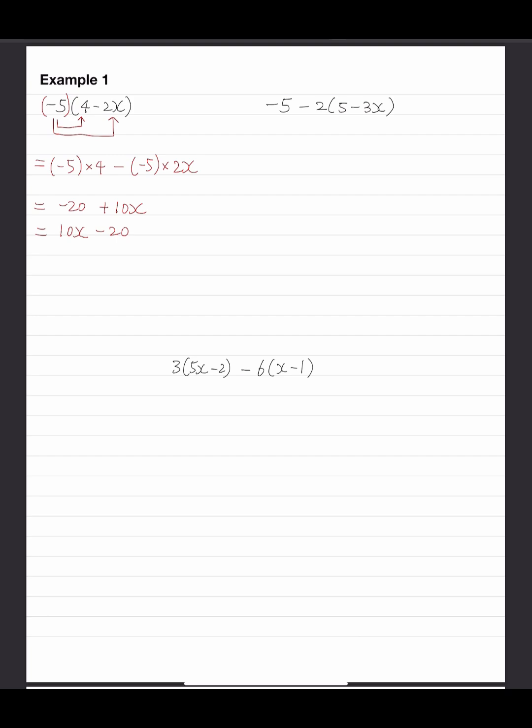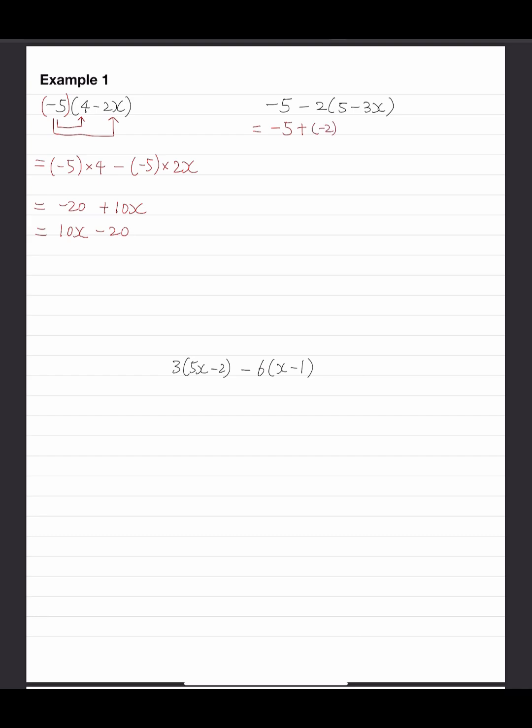Let's look at the second question here. Second question, notice that negative 5 is not being used at the first step. So what we do is we're going to keep the negative 5, copy it down, and then you have the minus. So before we do that, we can rewrite this as a plus. We can consider this as a plus negative 2 term, okay?